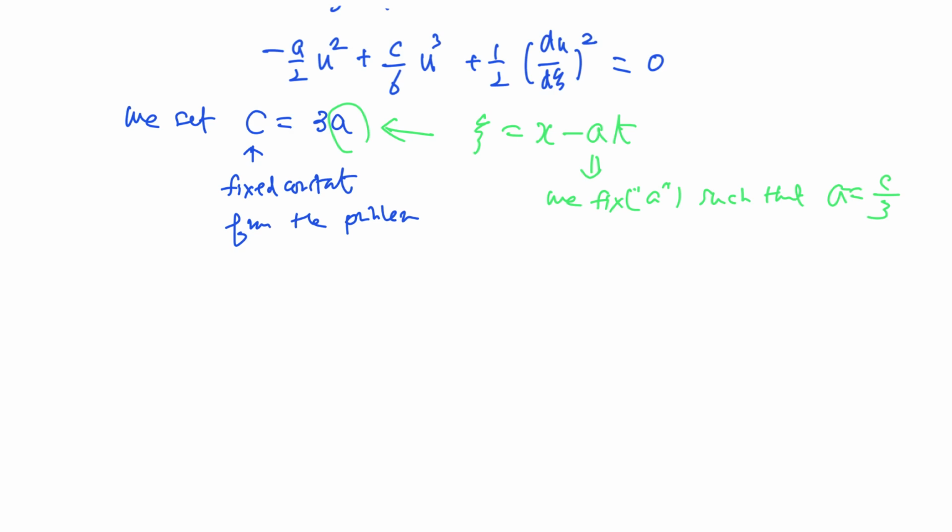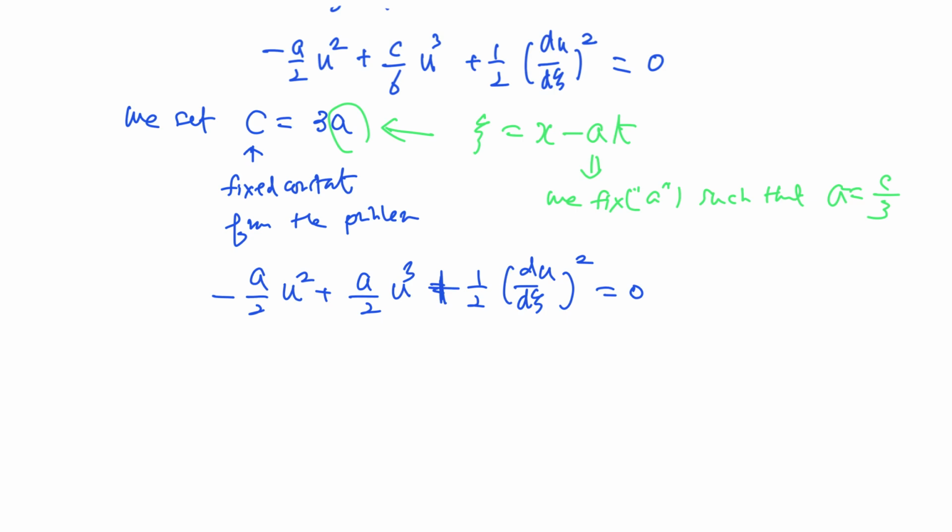So then minus 2 over A u square plus A over 2 u cube plus 1 over 2 d psi du square equal to 0.